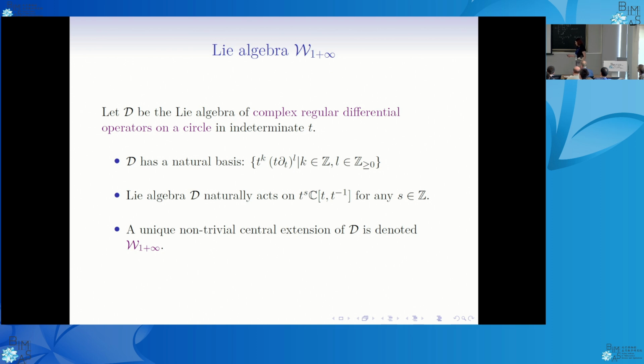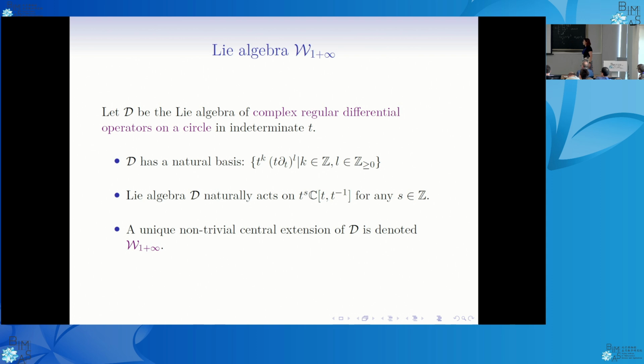One possible way is to take monomials where we have powers of t, which can be any integer power, and also powers of the differentiation multiplied by t, which can be of non-negative integer power.